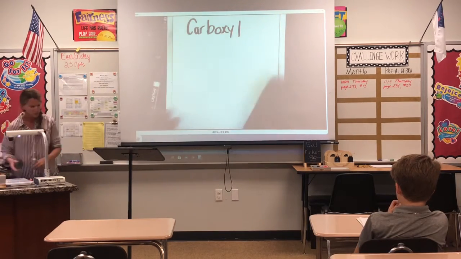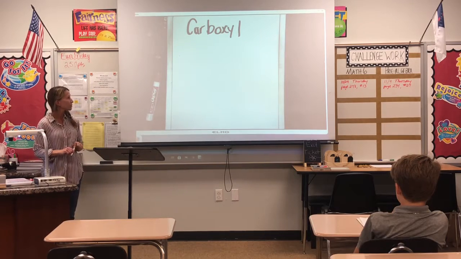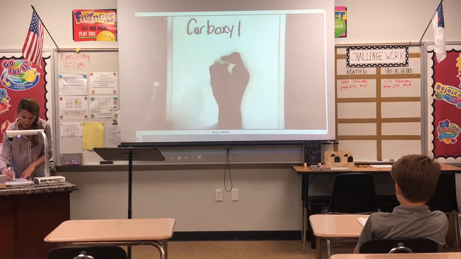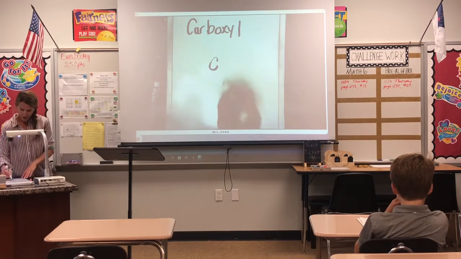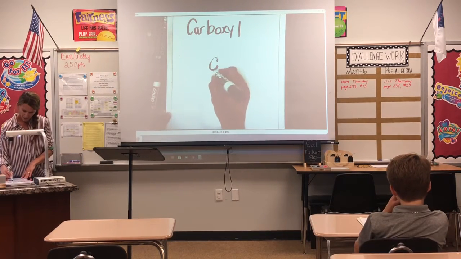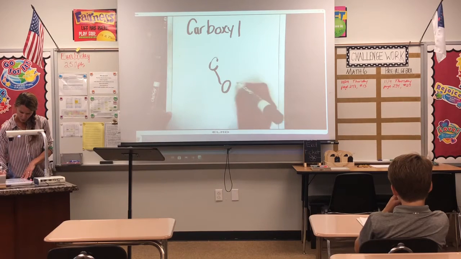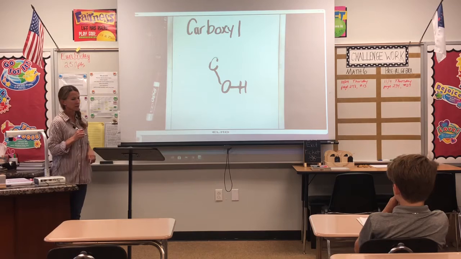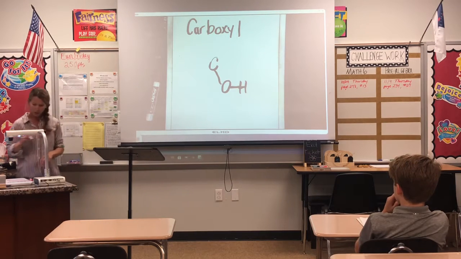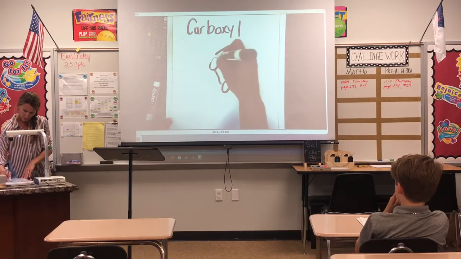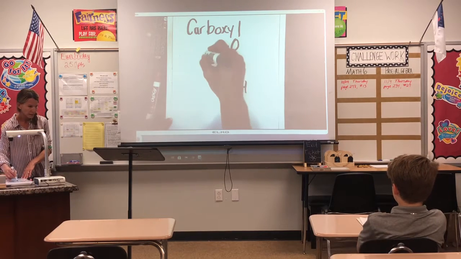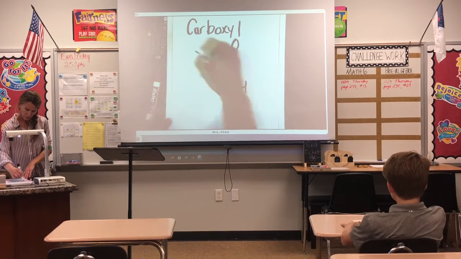So what does a carboxyl group look like? We have our carbon atom right here, okay? And then we're going to have a hydroxyl group on one side and a carbonyl group, which is this double bonded oxygen, and usually another functional group.